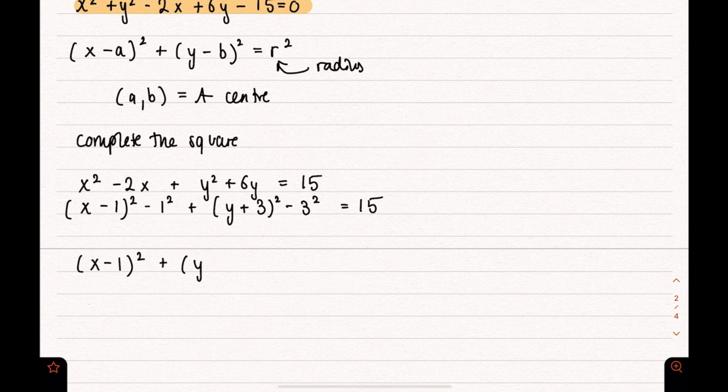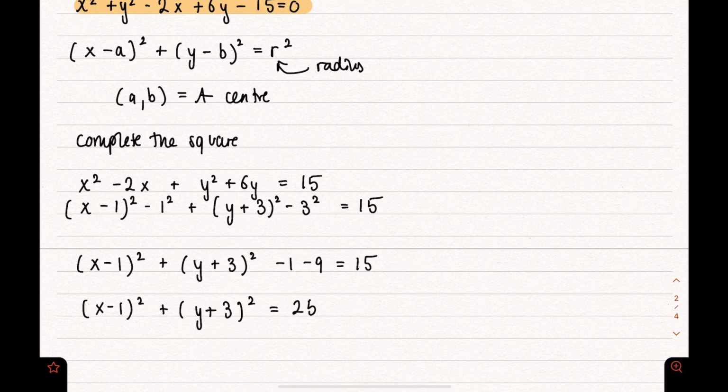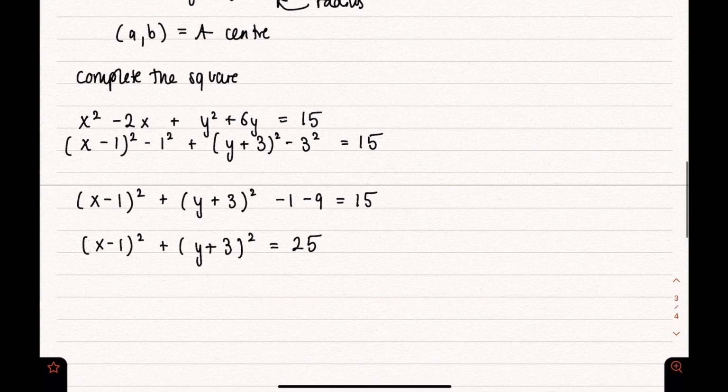(x minus 1) squared, (y plus 3) squared, and let's put the minus 1 squared and minus 3 squared to one side to obtain minus 1 minus 9, and that is all equal to 15. So now we have (x minus 1) all squared plus (y plus 3) all squared minus 10. Now if we solve that, we have the whole equation equal to 25.